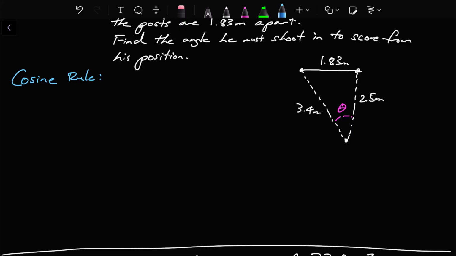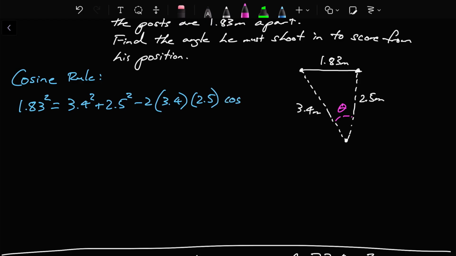So the cosine rule says that if I take the side opposite to the unknown angle, in other words, 1.83, and I square it, it's going to be equal to 3.4 squared plus 2.5 squared minus 2 times the two things again, times the cosine of theta, because they're opposites, right?